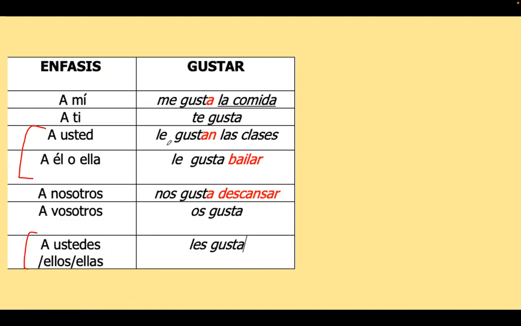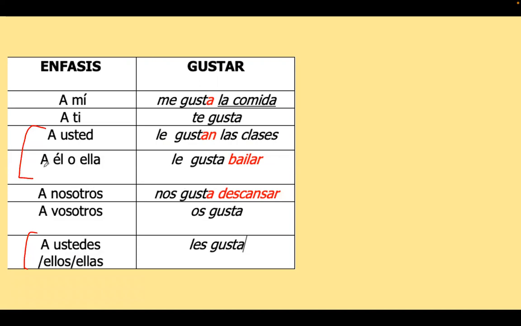Because it has the same conjugation. So if you have le gusta bailar, it can be you formal, he or she. So that can be confusing. So you need to use the emphasis to clarify. When you say a él le gusta bailar, you are saying he likes to dance.